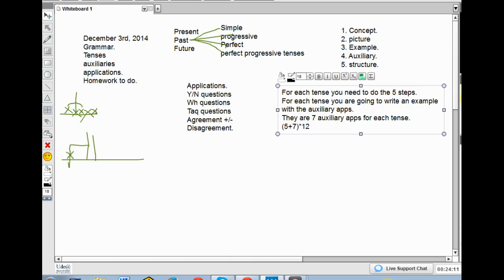These are the number of sentences that you have to do. And what is the order? 12 times 12. So they are around 140 sentences, more or less.